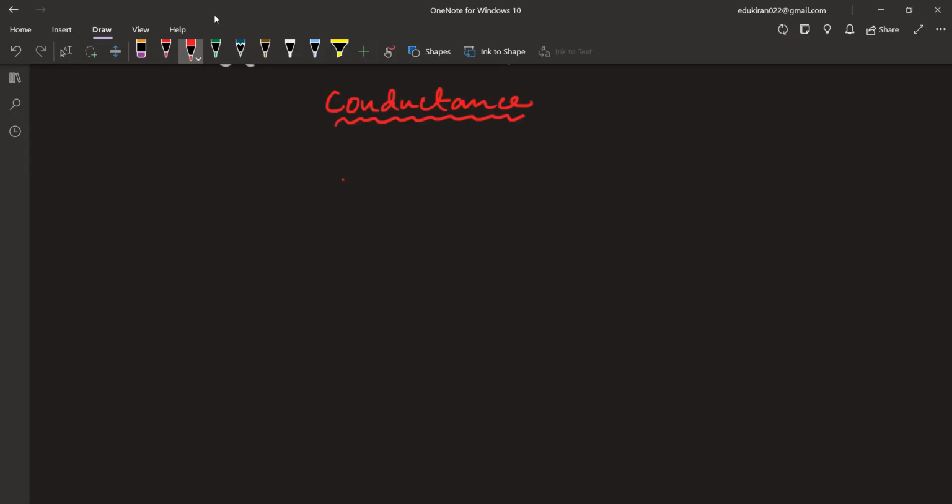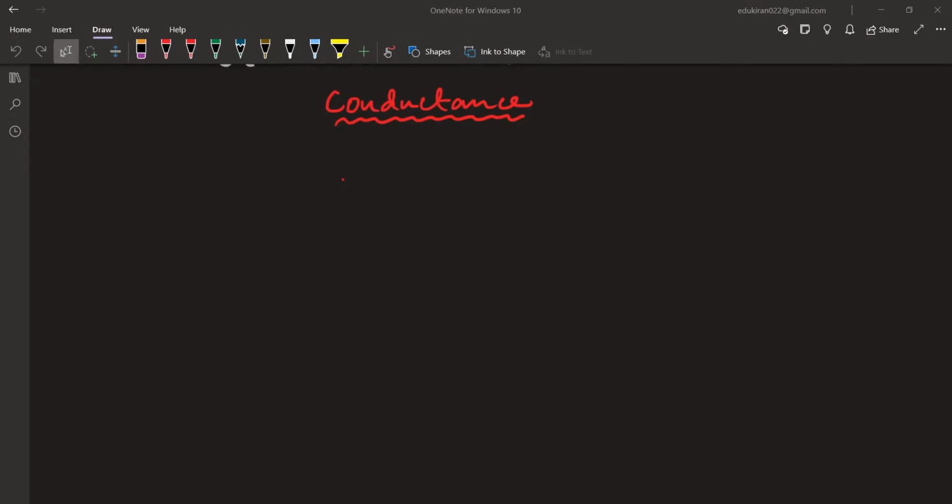You learned about it in class 6, 7 or 8, where you learned about metals. So we all know about the metallic conductor. But there is one more type of conductor that we'll be studying in this class: the electrolytic conductor.